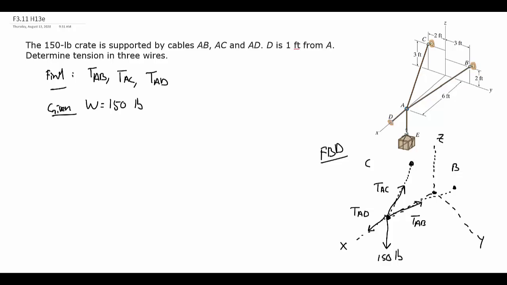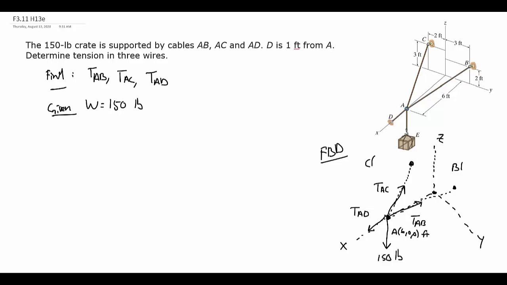I'm in 3 dimensions, so putting down coordinates is going to be really helpful here. So I want the coordinates of A and B and C. The origin is at 0, 0, 0, so that's okay. D is going to turn out not to matter because I already know that TAD is pointed along that positive X direction. So let's put the rest of these coordinates. A is going to be at 6, 0, 0 feet.